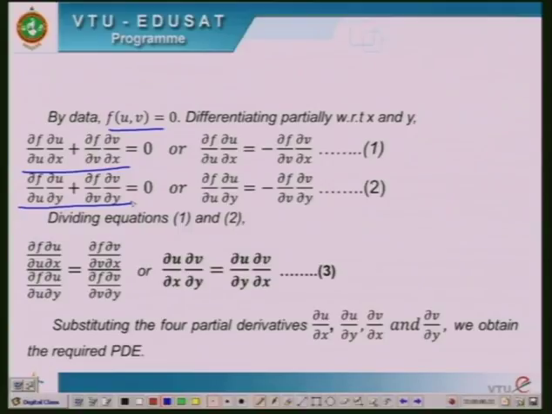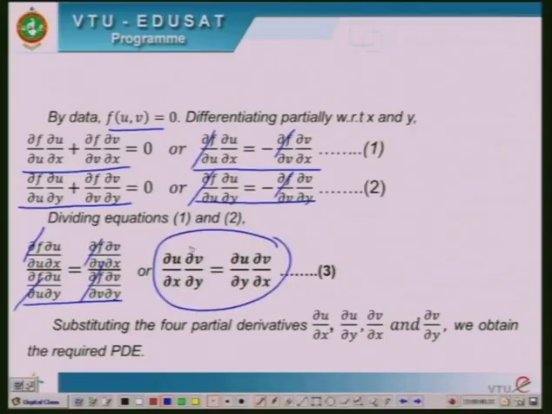Then obtain these expressions by shifting the second term to the RHS, then divide the two expressions which will cancel dou f by dou u and dou f by dou v, and finally cross multiply to get this relation: dou u by dou x into dou v by dou y equal to dou u by dou y into dou v by dou x.